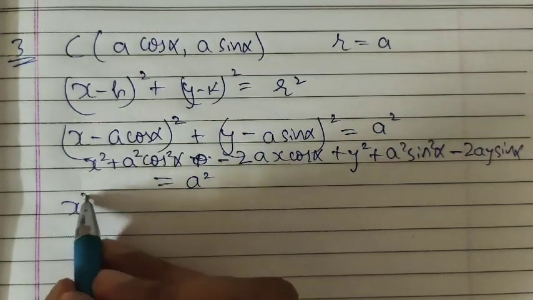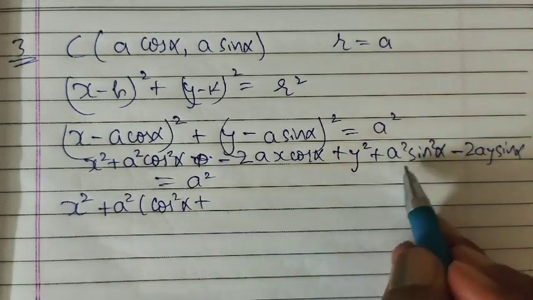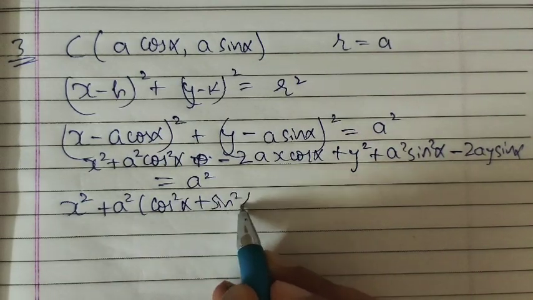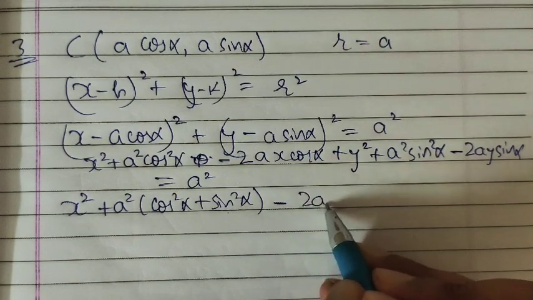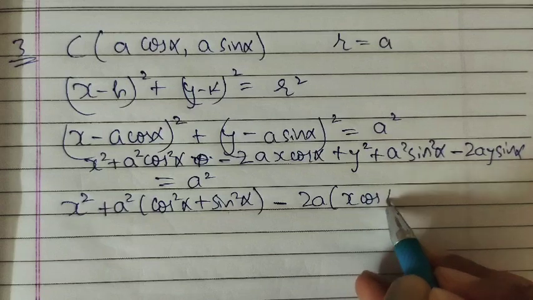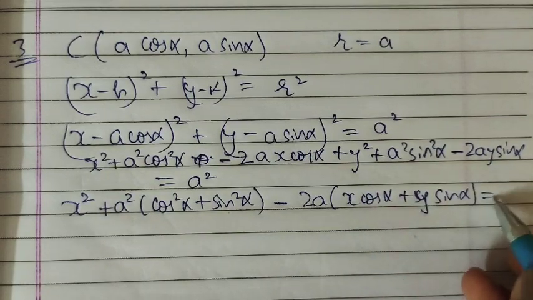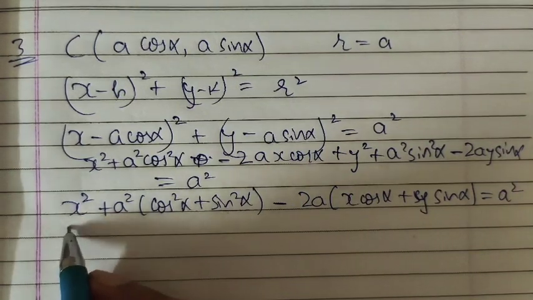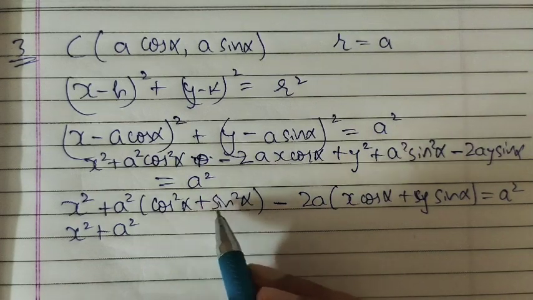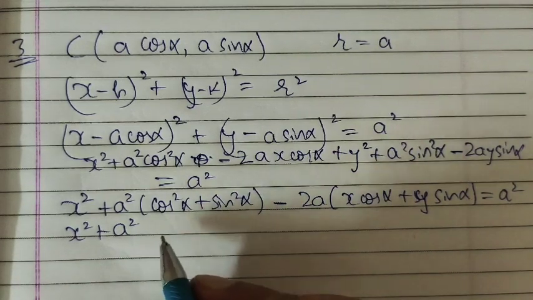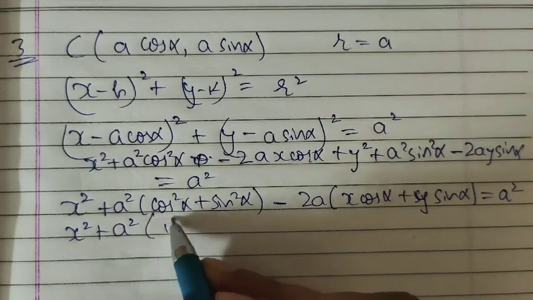So x square plus y square, and a square common, so we have cos square alpha plus sin square alpha, minus 2a common, x cos alpha plus y sin alpha, is equal to a square. We know that sin square theta plus cos square theta is equal to 1. In 10th standard we did it, which will be equal to 1.